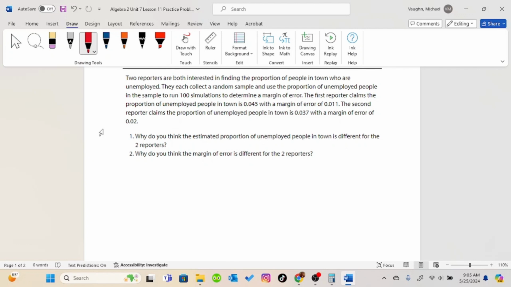Number 1, why do you think the estimated proportion of unemployed people in town is different for the two reporters? So the reporters probably interviewed different people.